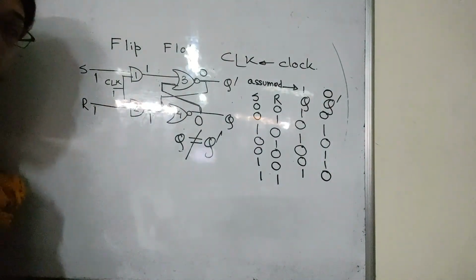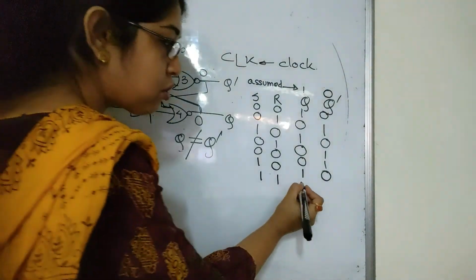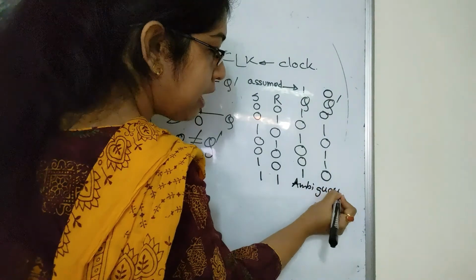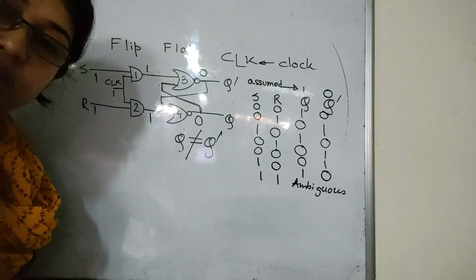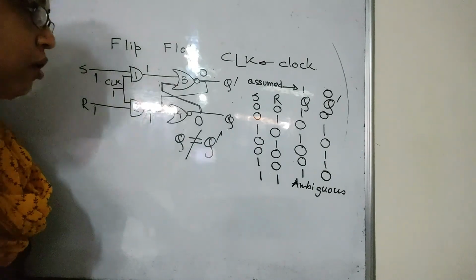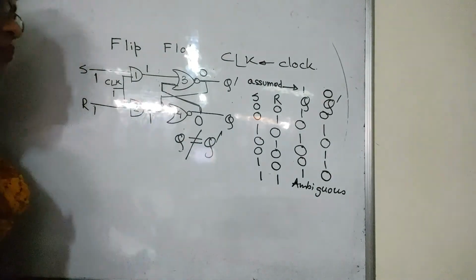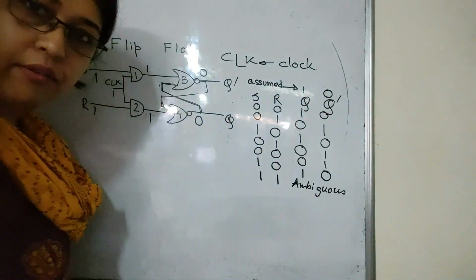So therefore, this particular input of 1, 1 is called ambiguous in SR flip-flop. In SR flip-flop, this particular state is called ambiguous because this gives rise to an inconsistent output. Now, this is the working of SR flip-flop.